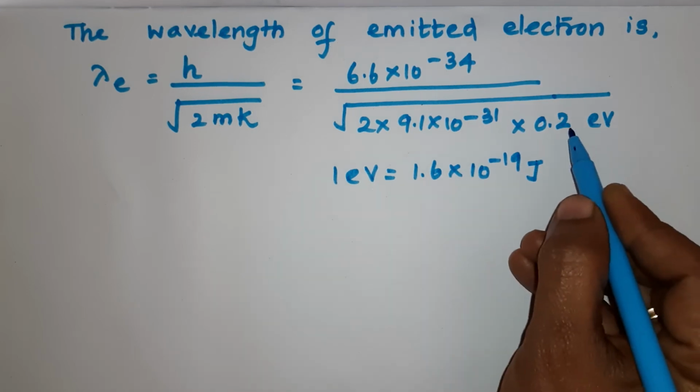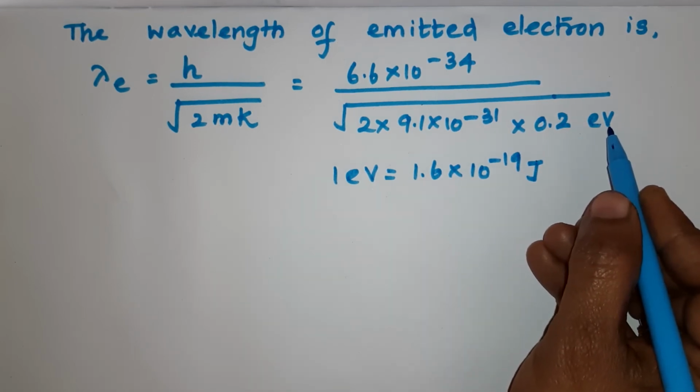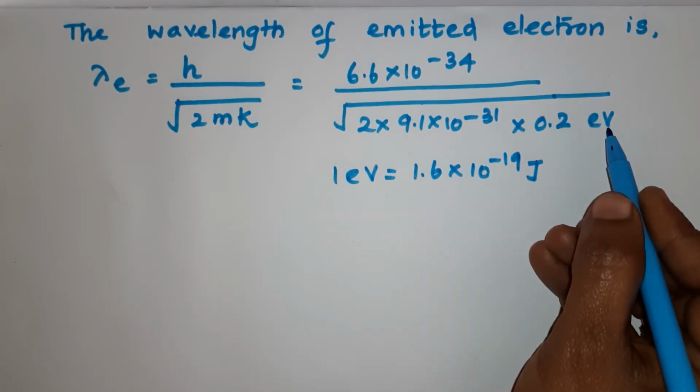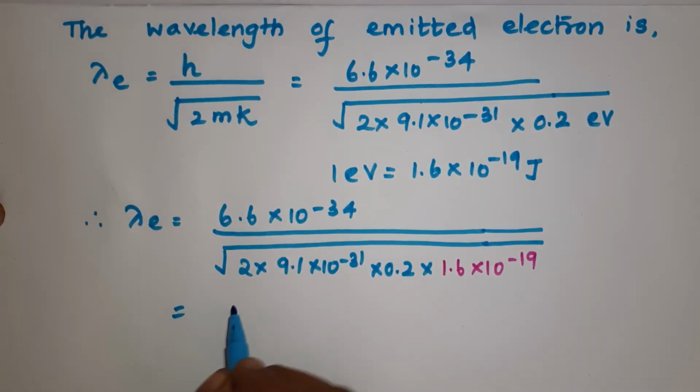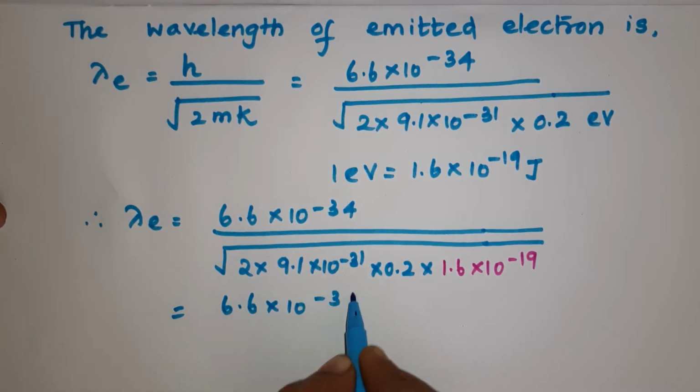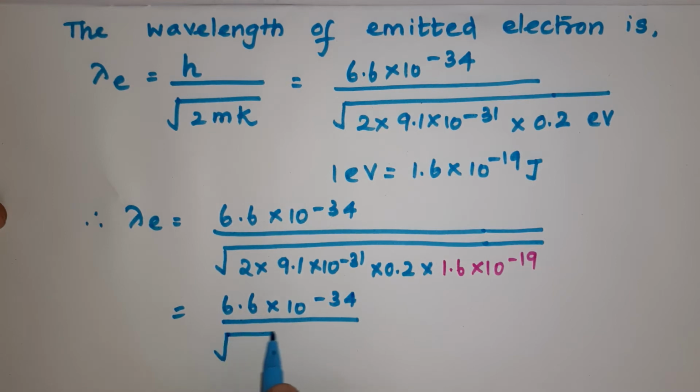So we have to multiply 0.2 into 1.6 into 10 power of minus 19. So we shall write now 6.6 into 10 power of minus 34 divided by square root of 5.824 into 10 power of minus 50.